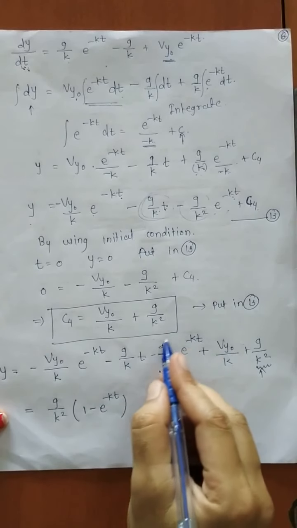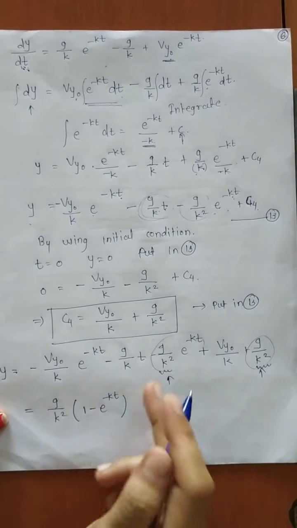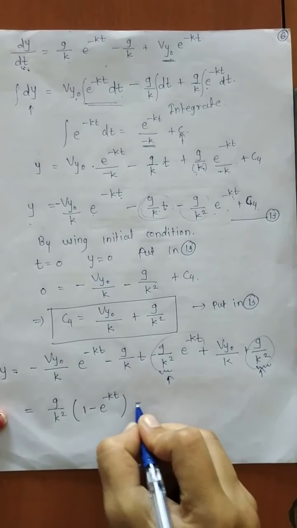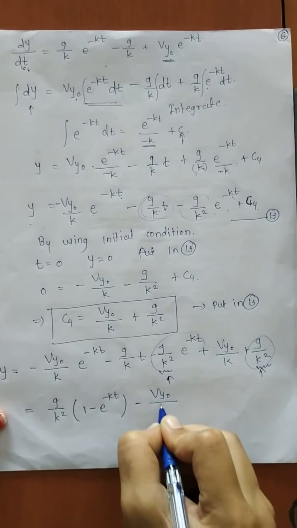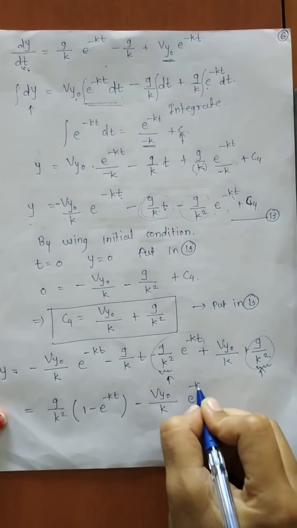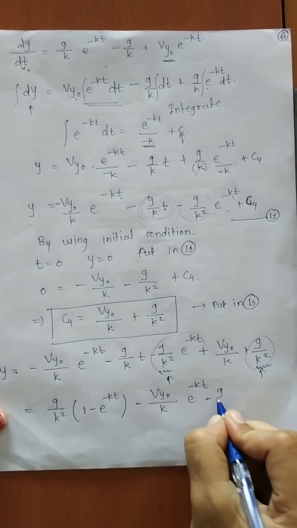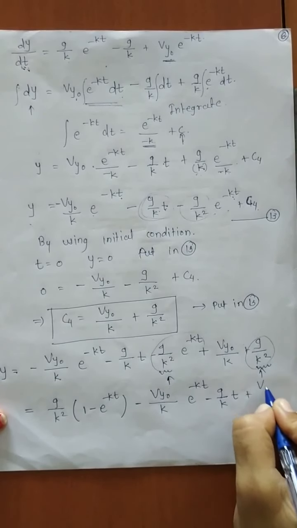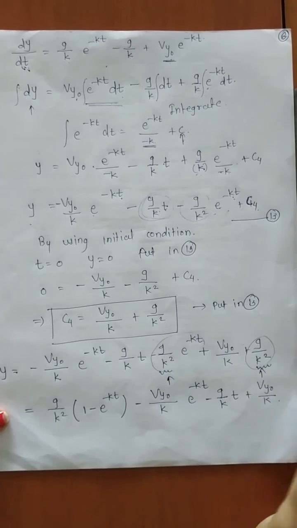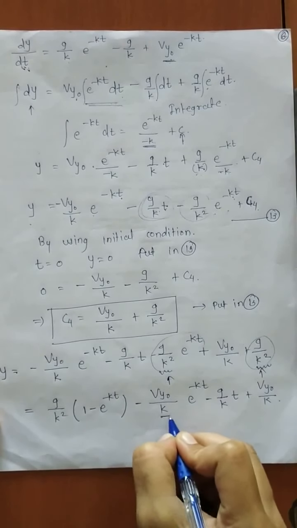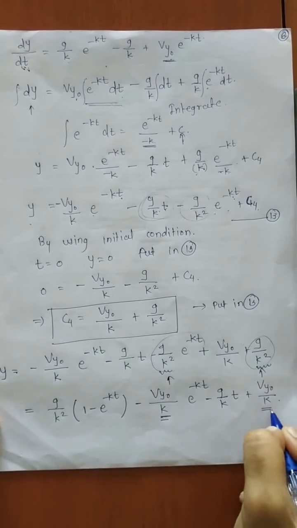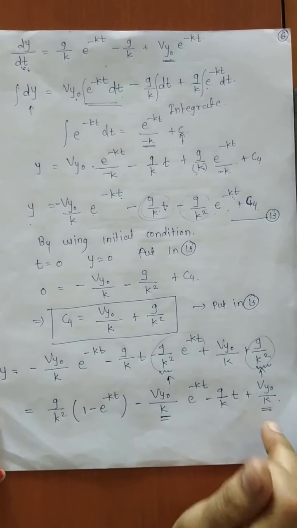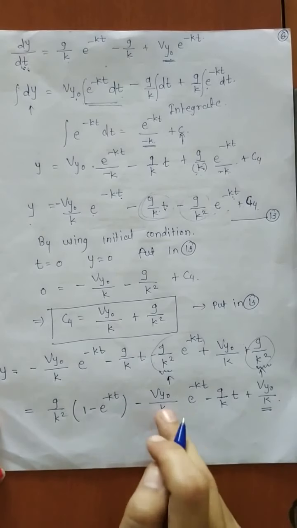Now we have simplified these two terms, only these terms are remaining. So let me write those remaining terms as it is: minus g upon k t and plus Vy naught upon k. Again, if you observe this term and this term, they have Vy naught common. So take Vy naught common from these two terms.